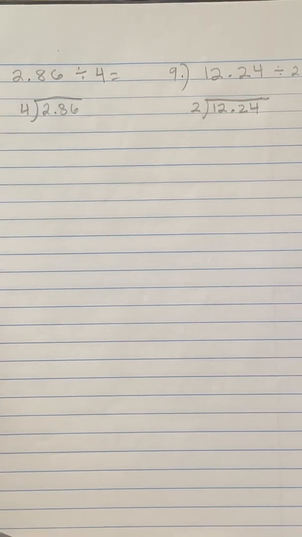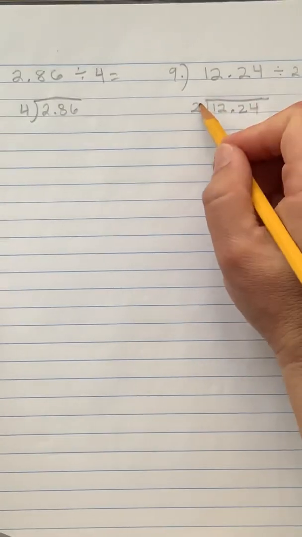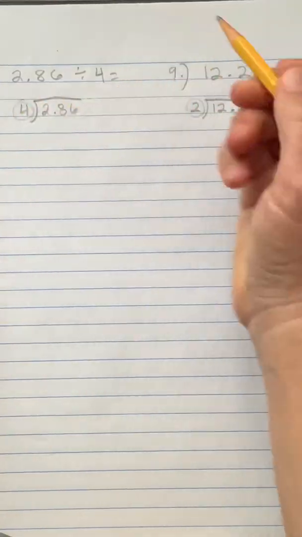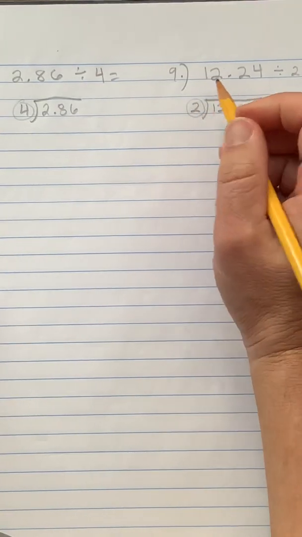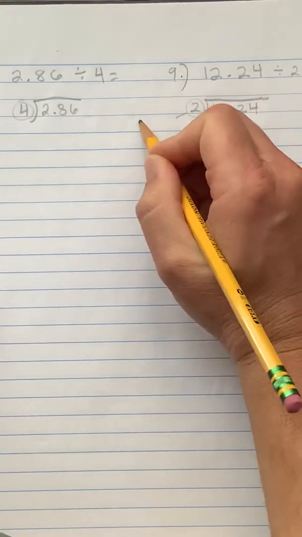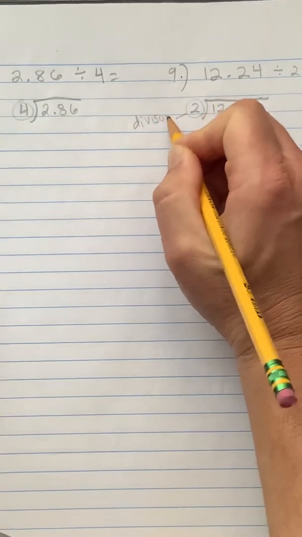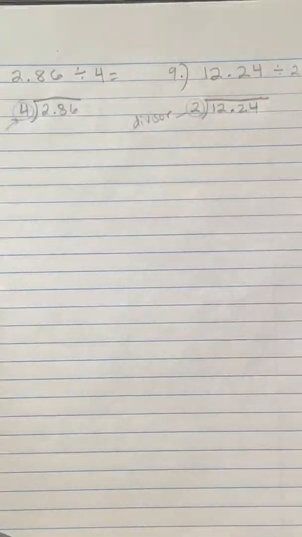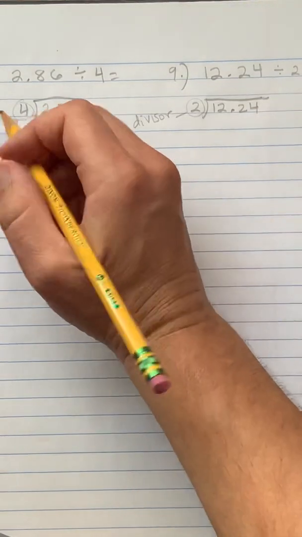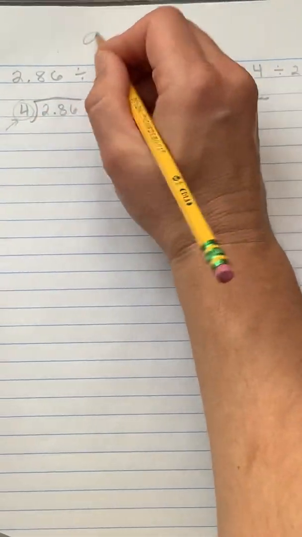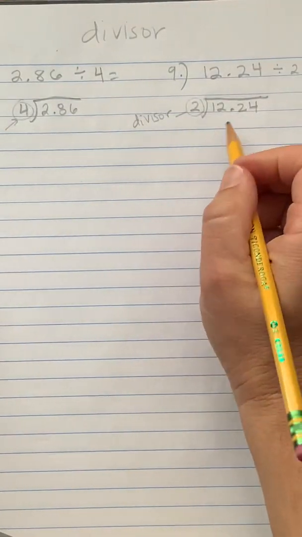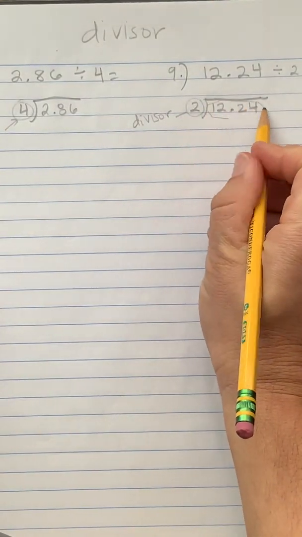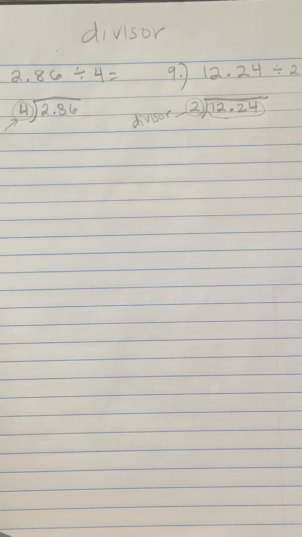I wanted to re-go over vocabulary with you before we start. The number that's being divided, the number outside the division bracket, is called the divisor. So you write it too. You don't have to write on both, but write it on at least one of them. Divisor. I'll write up here big. And then the number inside the division bracket is called the dividend. Say dividend.